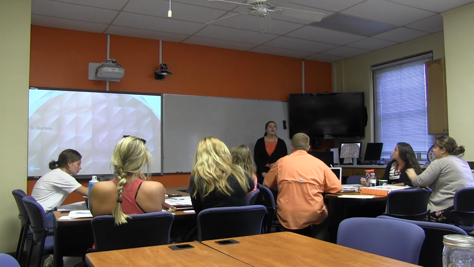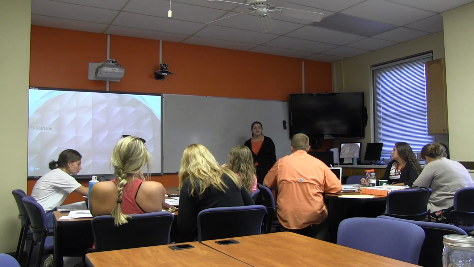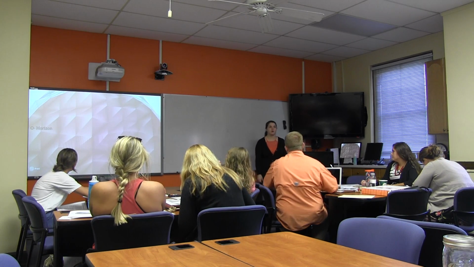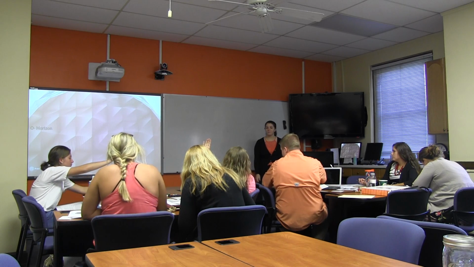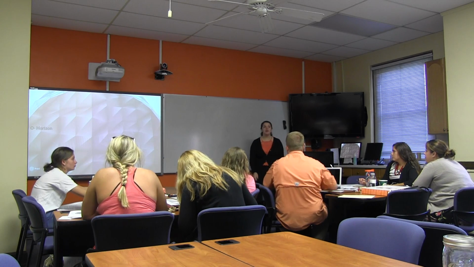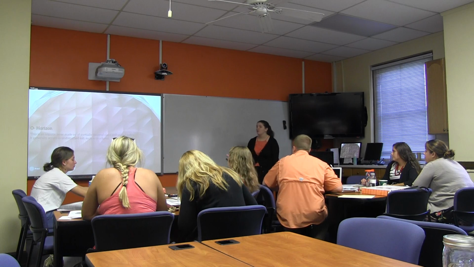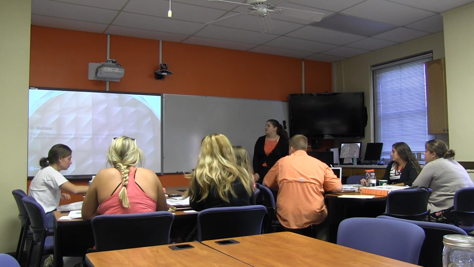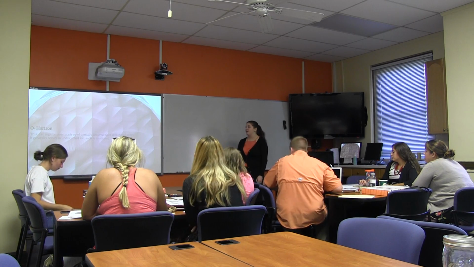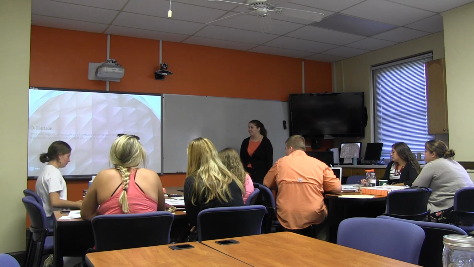All right, so we're going to go ahead and talk about the O horizon first. Does anyone know what the O horizon would stand for? Organic matter? Yes, so the O horizon is the organic matter. It's the organic layer made up of primarily decayed plants and animal debris.